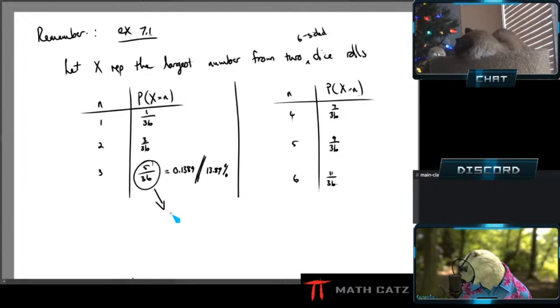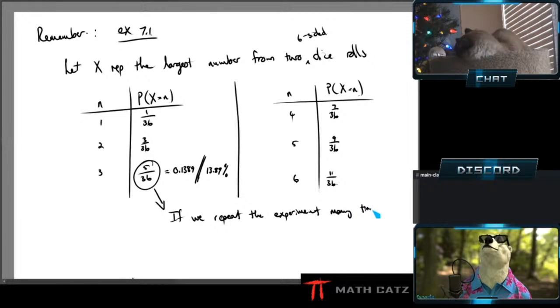Interpretation of this, for example, that if we repeat the experiment, in this case, roll 2 dice, many times. How many times? Many. How many is many? More than any number you can think of. Repeat it as many times as we need to, and then maybe more.